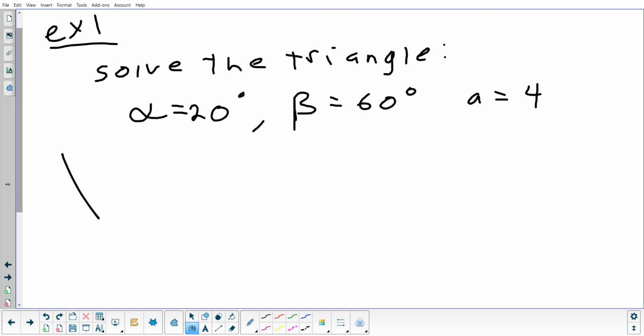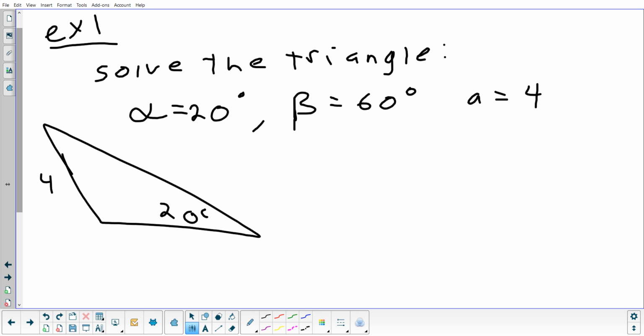So here's a triangle. Let's put A across from alpha, B across from beta, and C across from gamma. Except beta you can fill in because we know it. All right. So using the three letters, can somebody tell me what type of triangle that is?